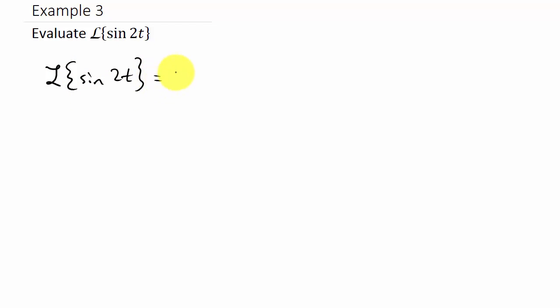Okay, so that is going to be the integral from 0 to infinity of e to the negative st times sine 2t, and I'm integrating with respect to t. To integrate this, we're going to have to use integration by parts.